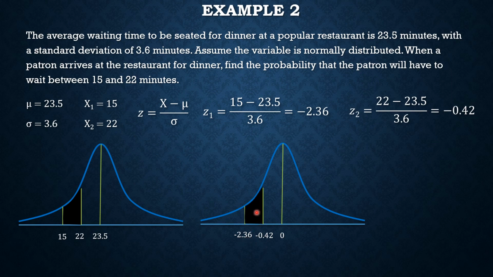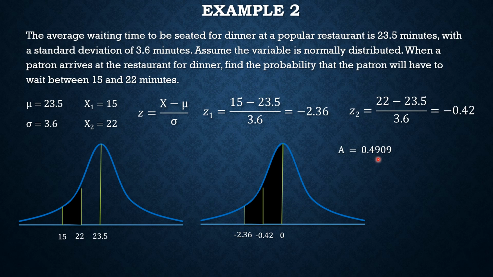And then kukunin natin itong portion na ito, yung area, because the area of this portion is technically the probability na hinahanap natin. So, para makuha natin yan, of course, kuhanin muna natin yung area from 0 to negative 2.36. Okay? And that gives us 0.4909.